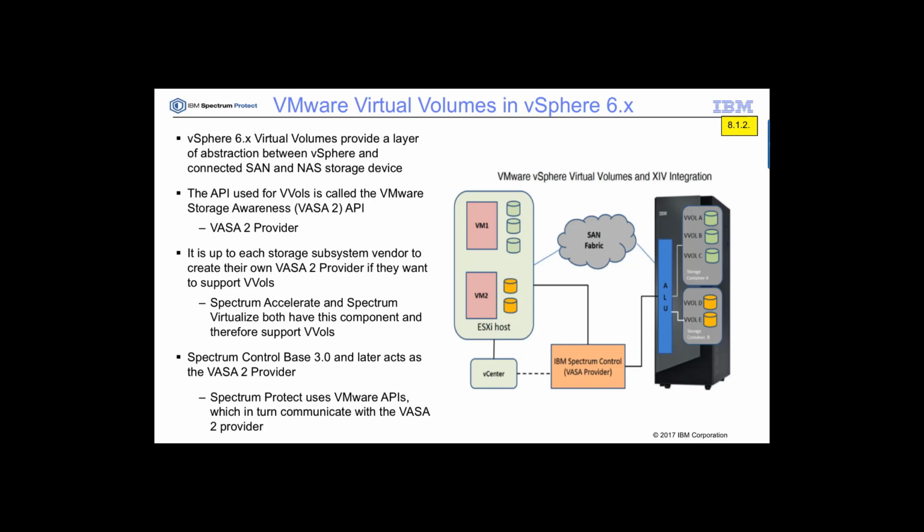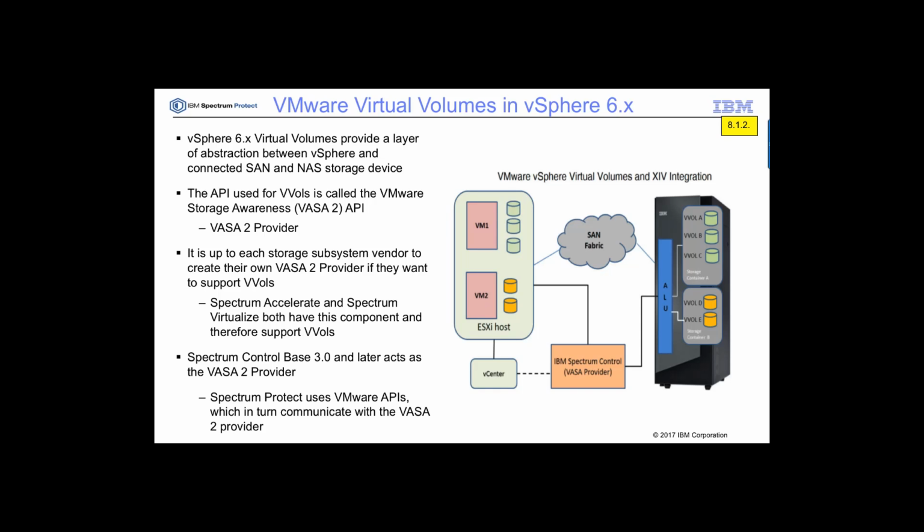Now, Spectrum Accelerate and Spectrum Virtualize both support these vVols in a VMware environment, and the name of the software that provides the VASA2 interface for Spectrum Accelerate and Spectrum Virtualize is Spectrum Control.